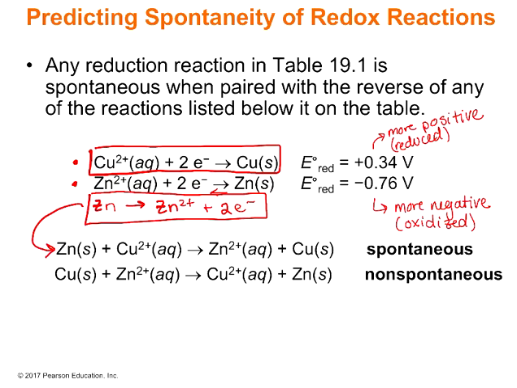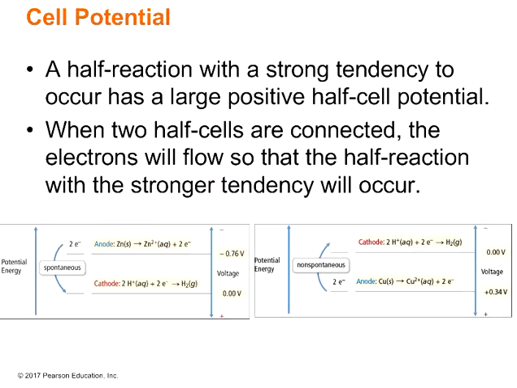Okay, so again, we can predict the direction of electron flow by looking at how positive or how negative the potential values are for half reactions. A half reaction with a strong tendency to occur has a large positive half-cell potential.